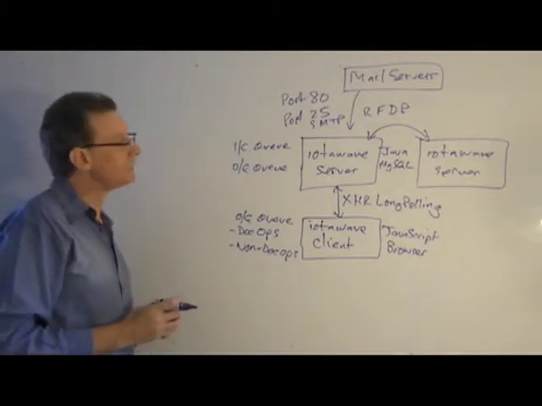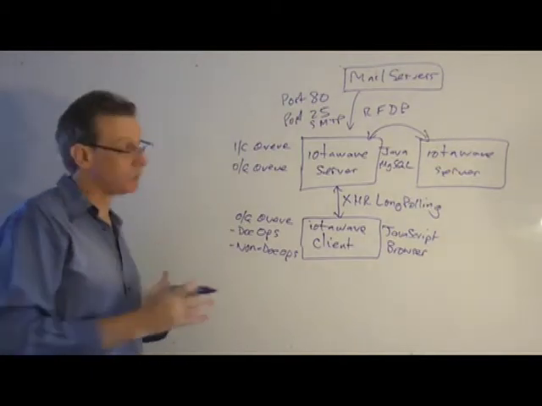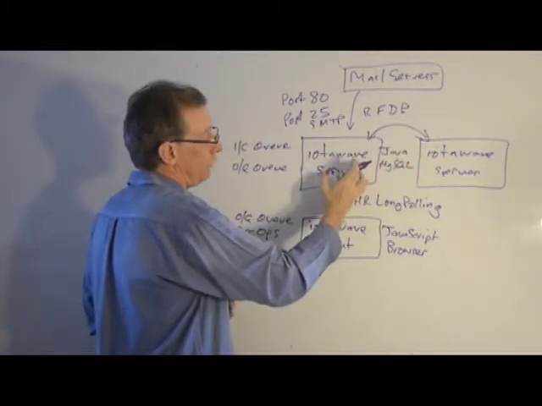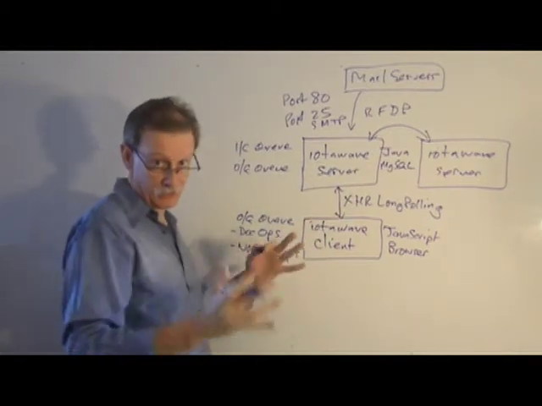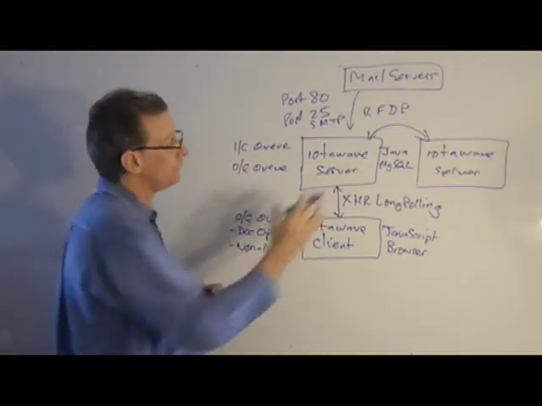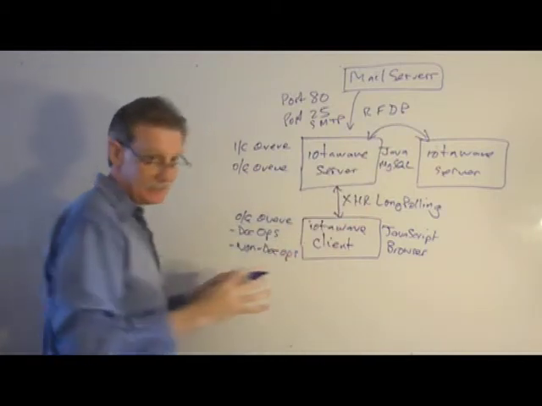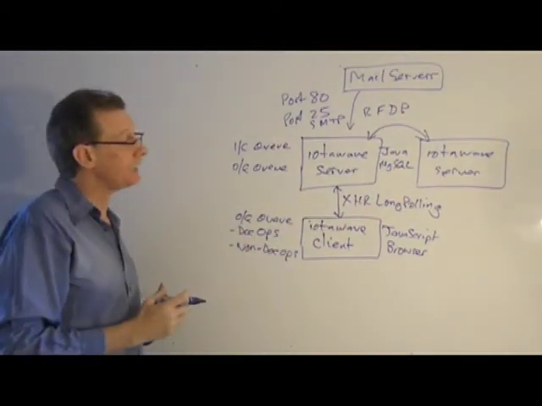At the present moment in time, there is no established protocol for wave-based, real-time servers to talk to each other. Therefore, RFDP has been designed to be encompassing and extensible.